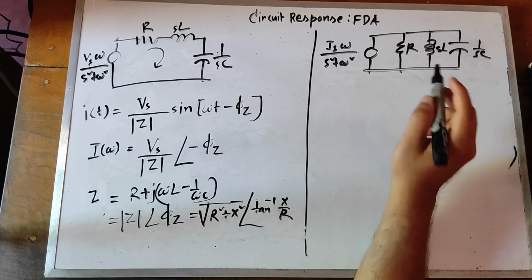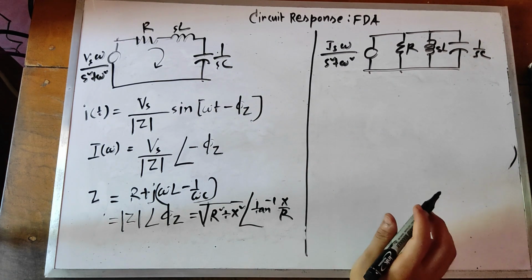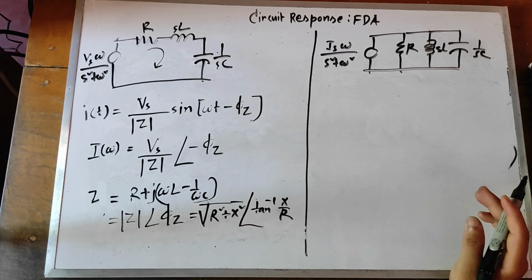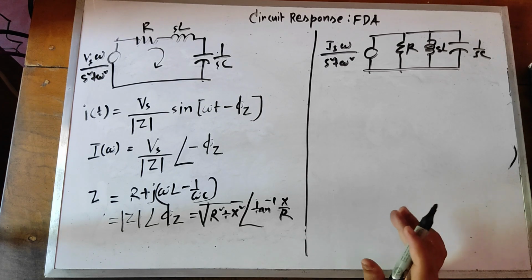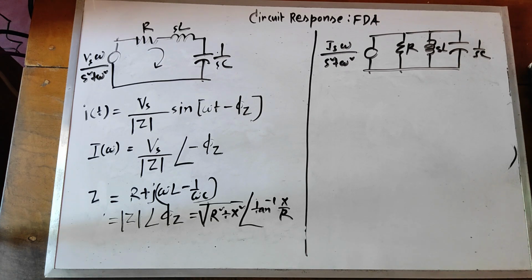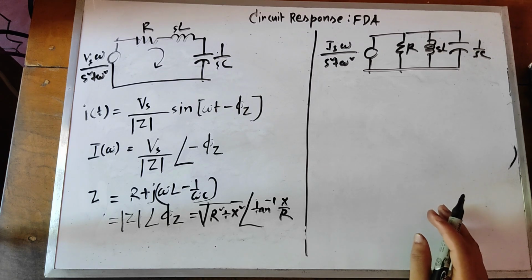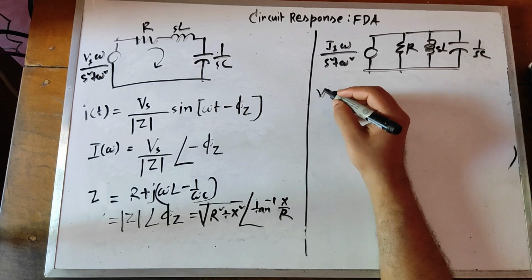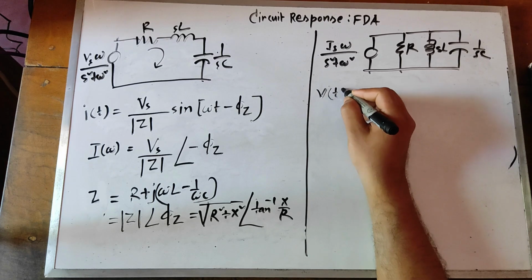And for the parallel RLC circuit, in frequency domain, for sinusoidal current excitation, the response of the parallel RLC circuit is voltage. I am concerned with the steady state response of the voltage.